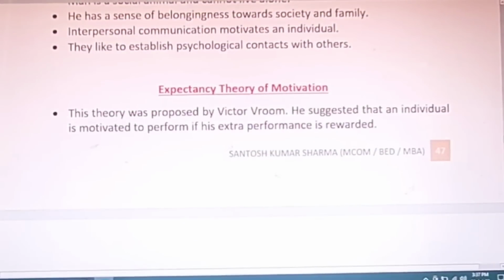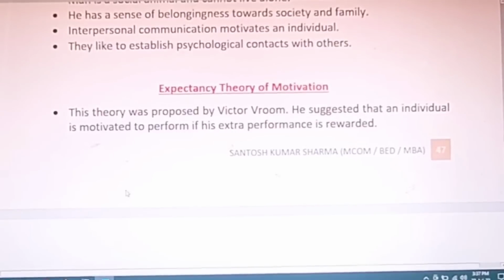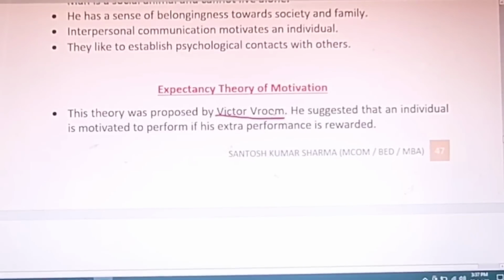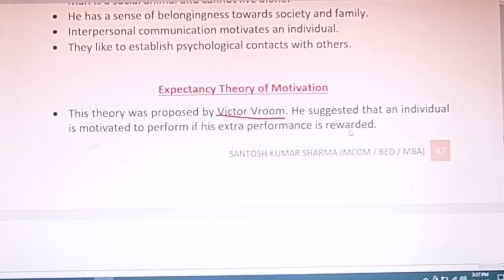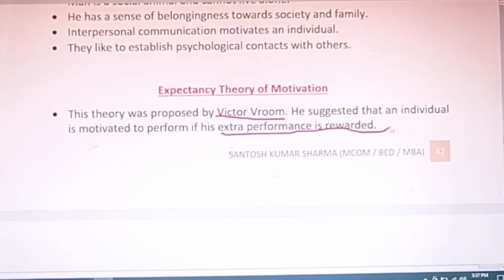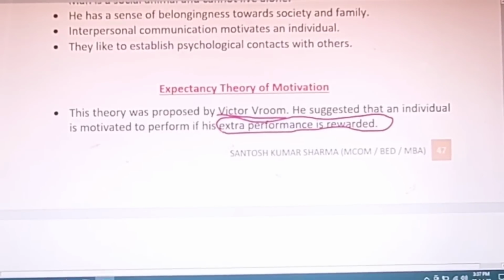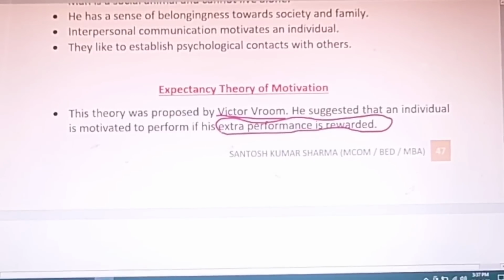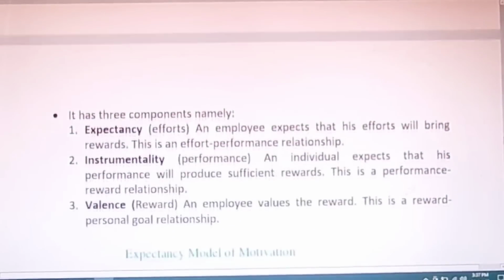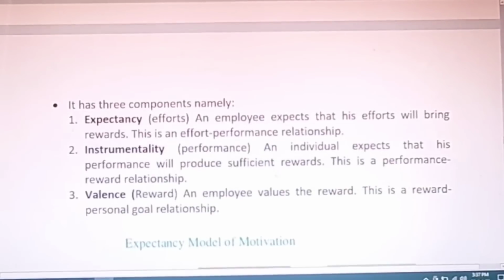Then we have expectancy theory. Here we expect, as the name implies, and this was given by Victor Vroom, and he suggested that an individual is motivated to perform if his extra performance is rewarded. So this is the key sentence of this theory. Expectations: if a man gets proper rewards for his expectation, then he can work hard.